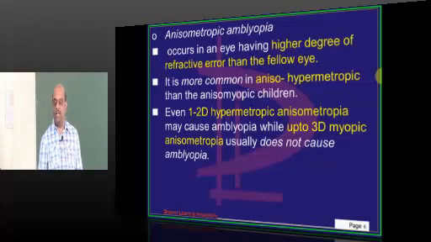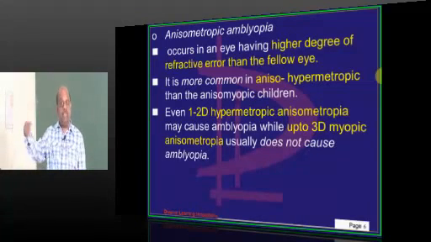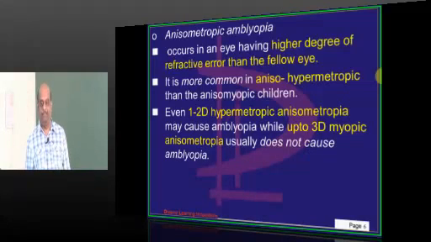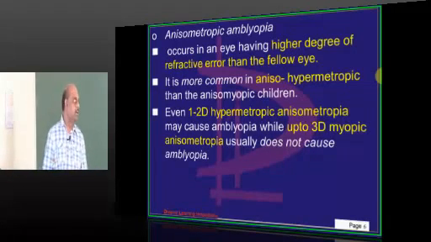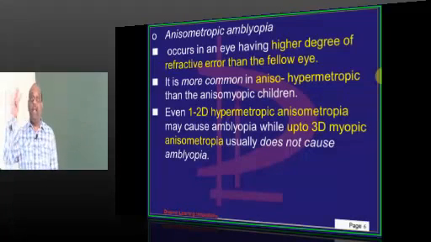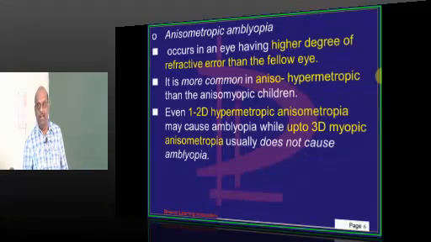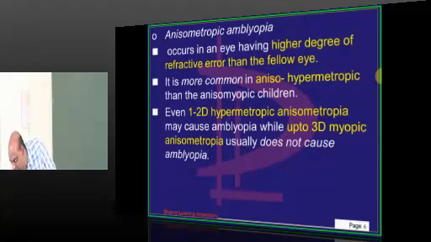If one eye has hypermetropia with the other eye emmetropic, then I have a greater chance of developing amblyopia than if one eye has myopia with the other eye normal. So even 1 to 2 diopters of hypermetropic anisometropia can lead to amblyopia, whereas 3 diopters of myopic anisometropia is required before amblyopia develops, which you have to basically remember.